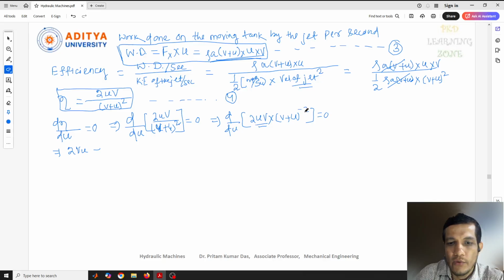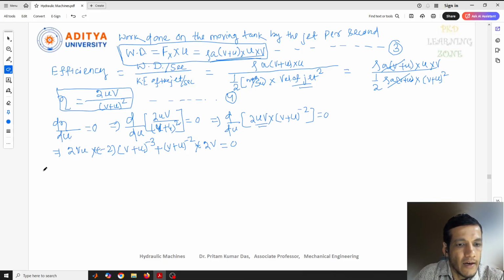Opening it, we can write 2vu into minus 2 into (v plus u) to the power minus 3, plus (v plus u) to the power minus 2 into 2v, equal to 0.